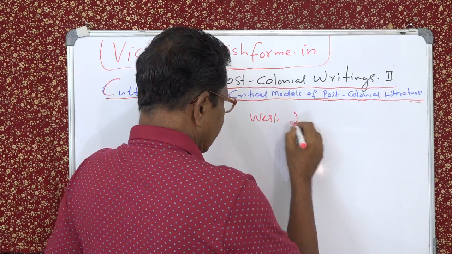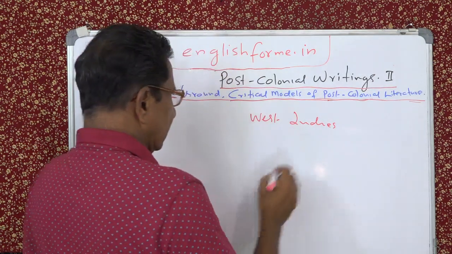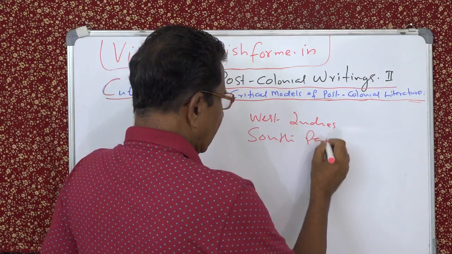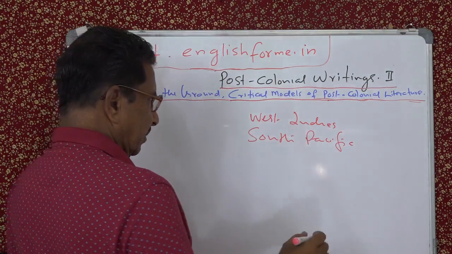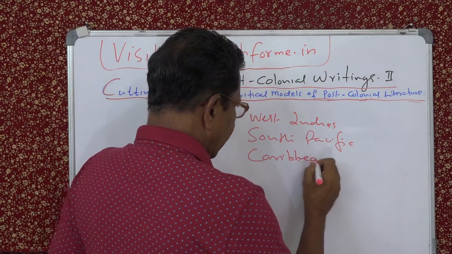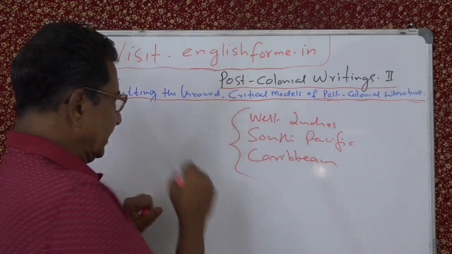And then you have got South Pacific. And you have got Caribbean. So these are regional varieties, call them region.